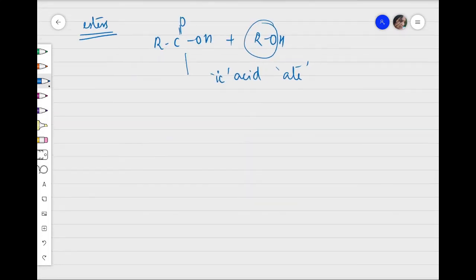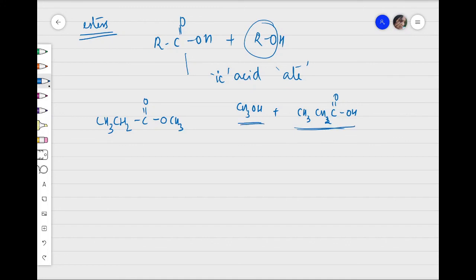So let's look into it. For example, I have CH3, CH2, C double bond O, OCH3. This was prepared from methanol and CH3 CH2 C double bond O OH, which is propanoic acid.